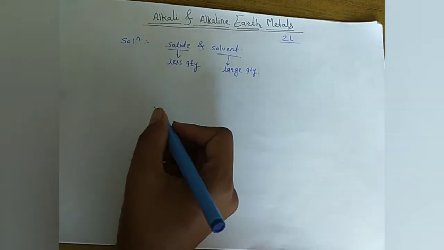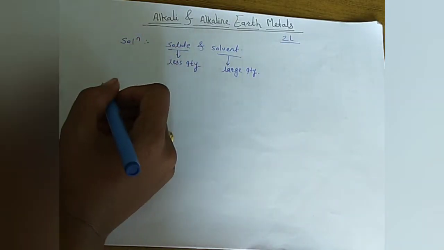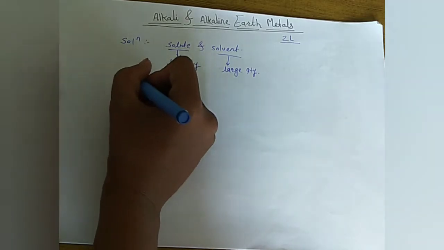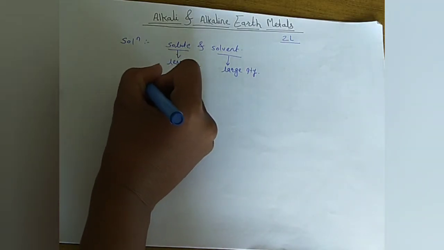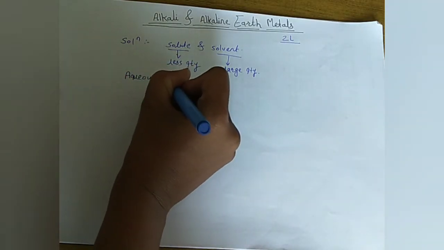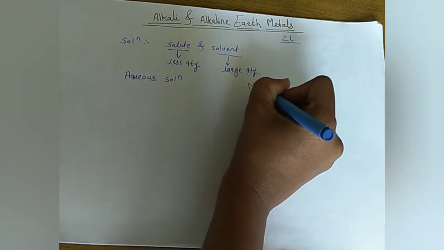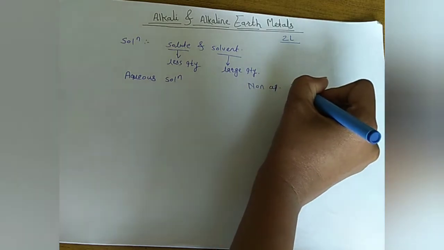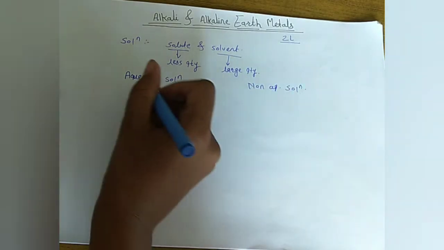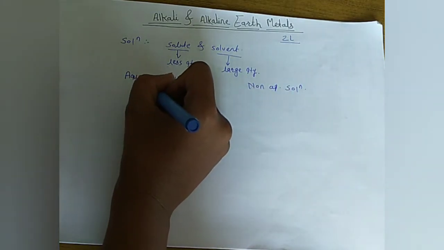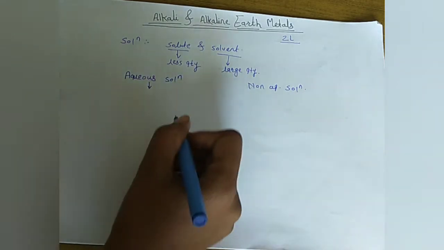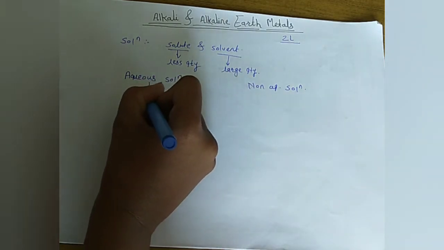So now there are 2 types of solution. First one is aqueous solution and second one is the non-aqueous solution. Aqueous solution means what? The solution in which solvent is water.